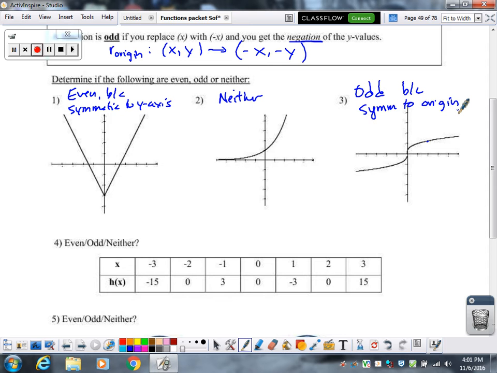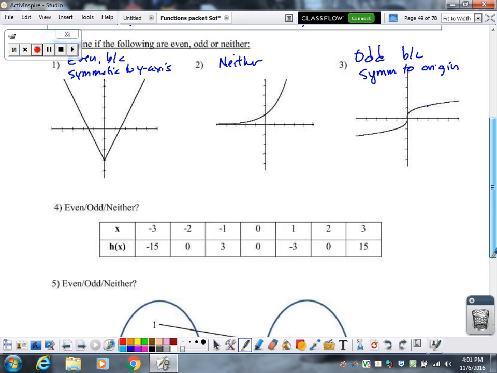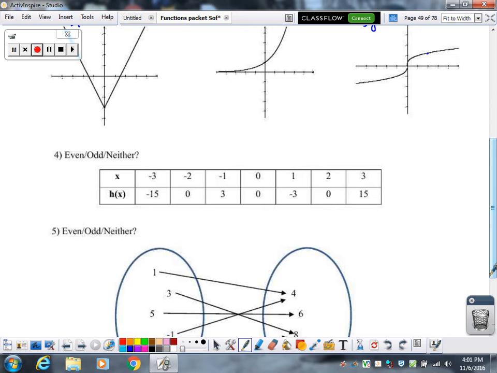The second way they can ask you a question about even and odd is by giving you a table of values. So here we have x and h of x. Don't forget h of x does represent the corresponding y values. So we're going to ask ourselves, do we have both positive x and positive y, and we have a negative x and the same y value?